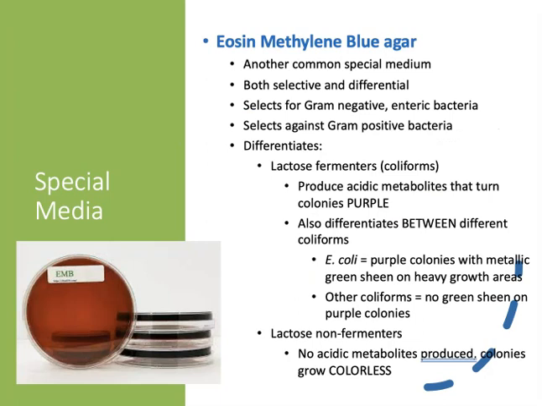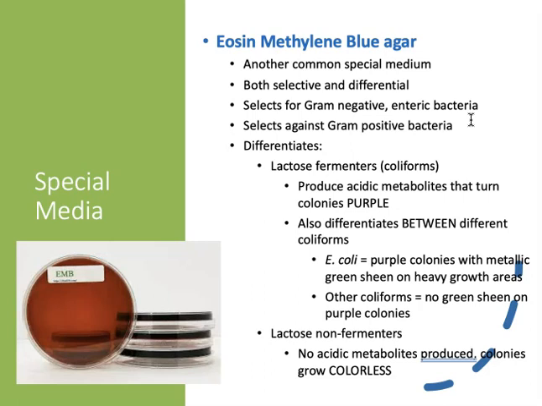Another example of a special medium that is both selective and differential is one called eosin methylene blue agar, or EMB. EMB selects for gram-negative enteric bacteria, just like MacConkey agar does. It selects against gram-positive bacteria, just like MacConkey agar does.